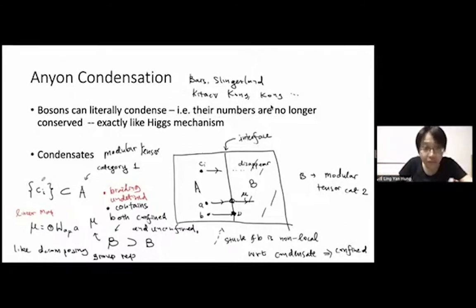And so you have to first decide what are the different species of anyons that are no longer conserved, that they condense. And so there are some consistency constraints that you have to put in order for these anyons to condense. For example, these things had better be bosons for them to condense.